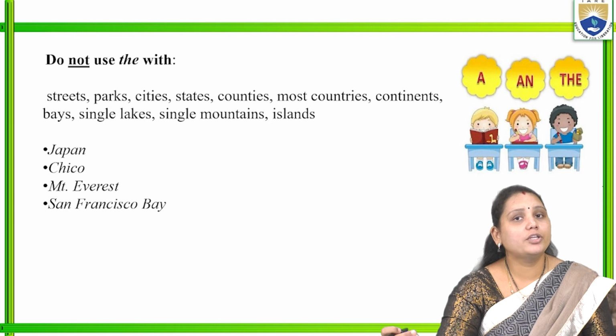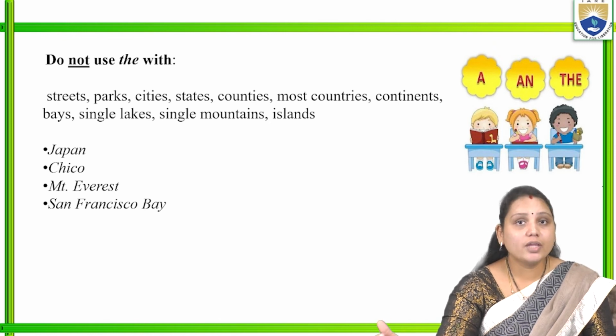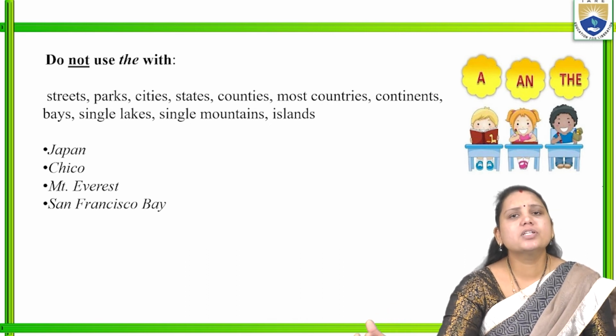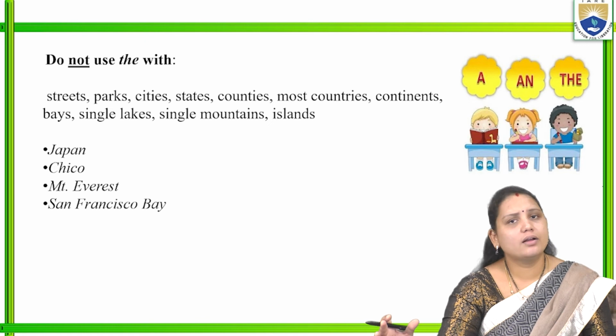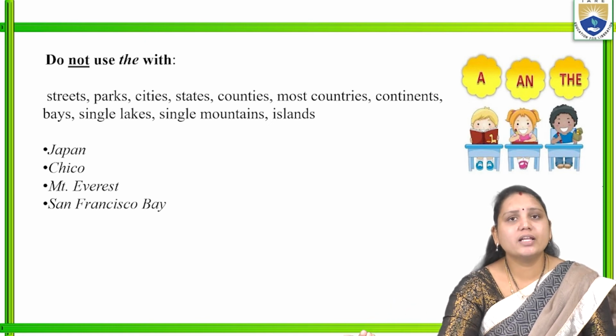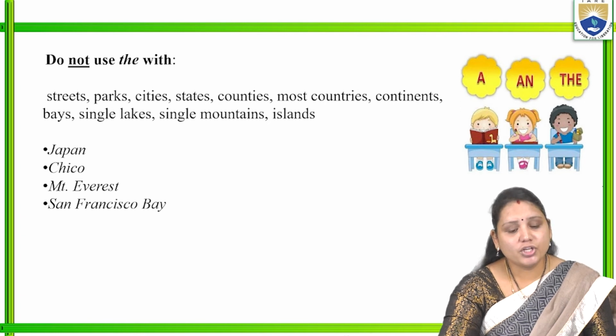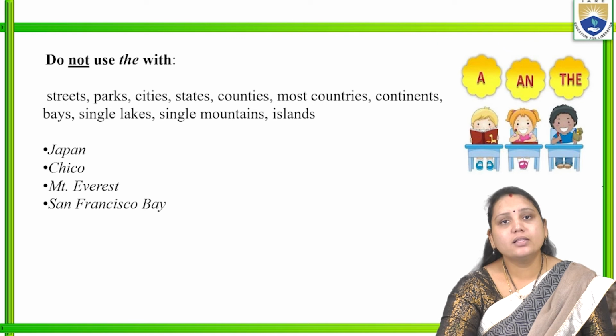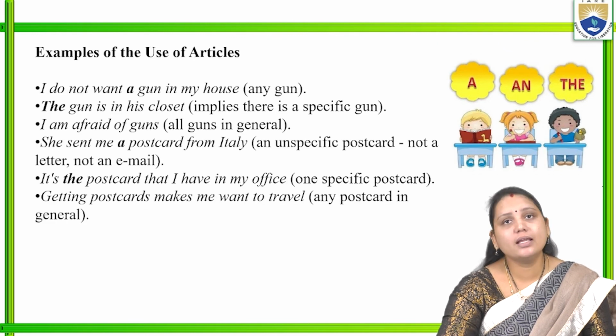Streets, parks, cities, states, because they are the common things which are involved in a country. So mostly we will not specifically use the. For example, Japan, Chico, Mount Everest, San Francisco Bay. These are all the things where we are not using the.